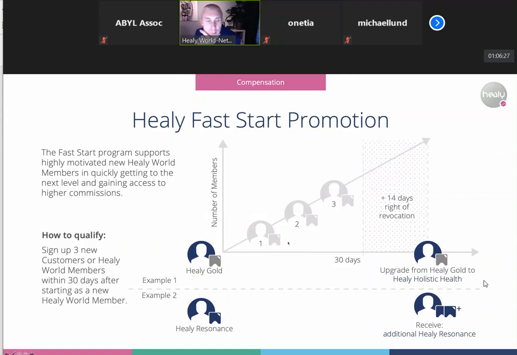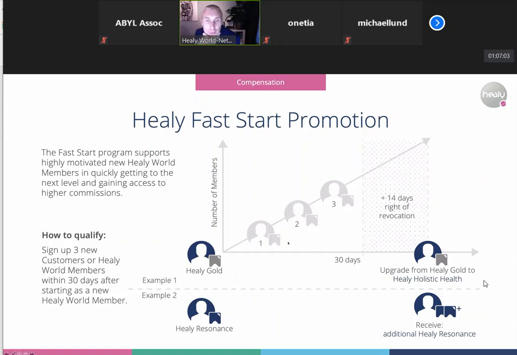But for example, in the fast start period, which is the first 30 days, if you start and you find 3 people and they all keep their Healy after the 14 days right of revocation, then besides the direct commission, you are getting a free upgrade to the Healy Gold Holistic Health. So that means an extra gift of 500 euro, $550 to you.